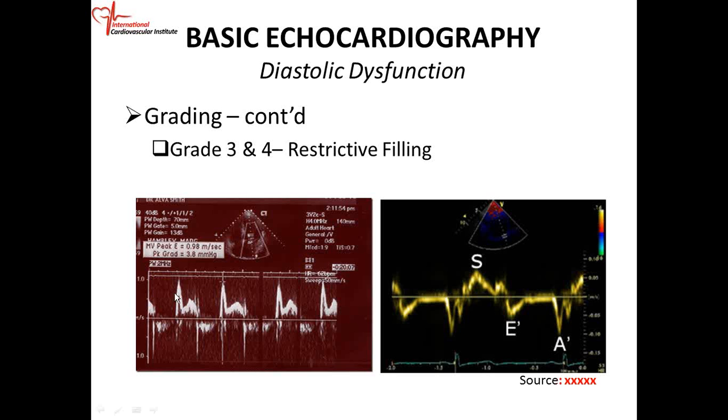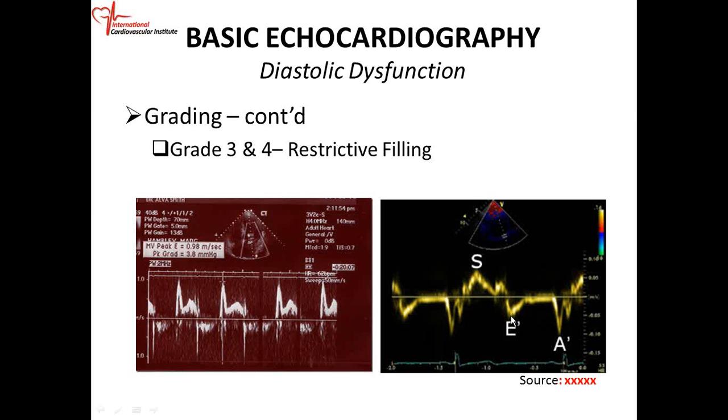So large E, small A, E to A ratio greater than or equal to 2, okay? Big E, small A. See your deceleration time, if you were to measure this from peak E to baseline, less than 160. And then if you were to measure your IVRT, it's usually less than or equal to 60 milliseconds.